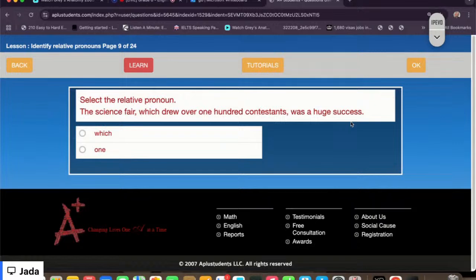The science fair, which drew over 100 contestants, was a huge success.